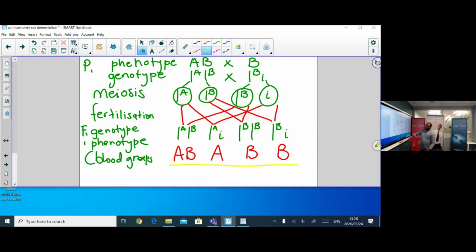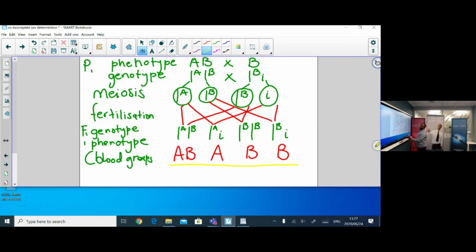No. I didn't mention this even on our very first problem of a genetic diagram when we were doing our monohybrid. These are only possibilities, chances of getting these blood groups.